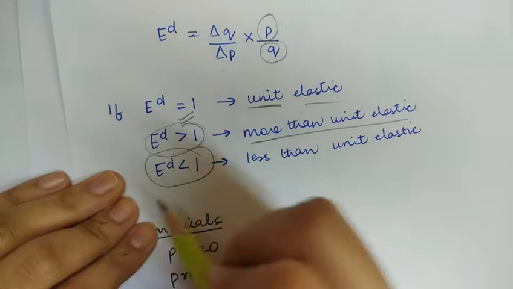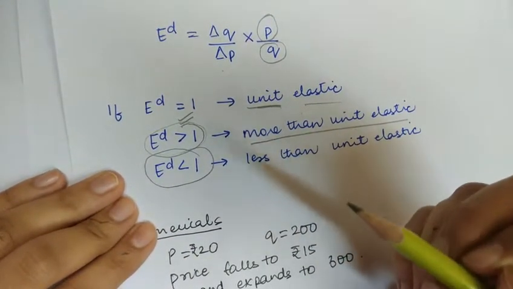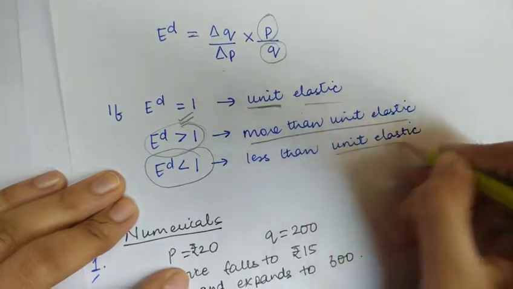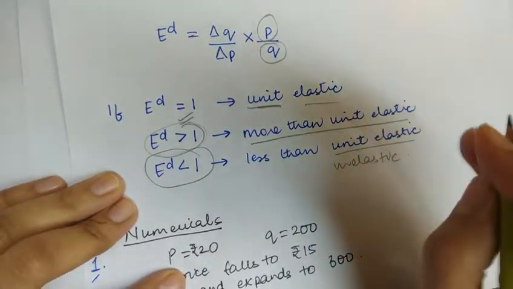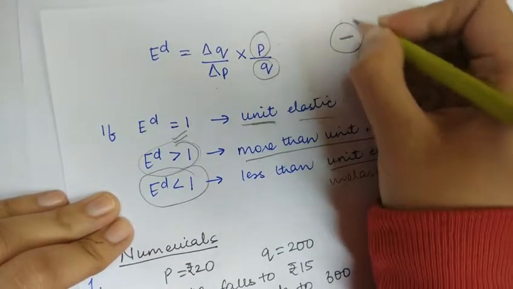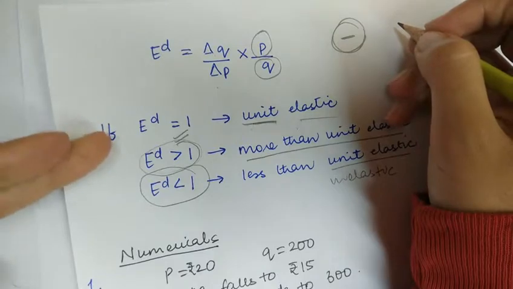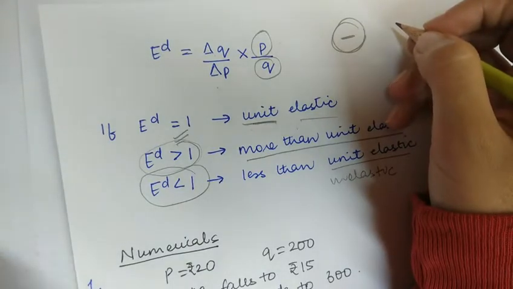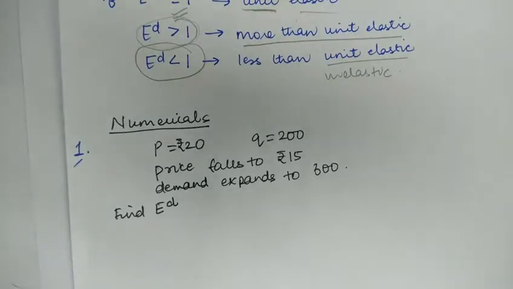If by using this method we get the elasticity of demand less than 1, then we say it is less than unit elastic, or we call it inelastic. Remember that we are ignoring the negative sign throughout because it is obvious that the relationship between price and quantity is negative in nature. Now let us move on to some numericals here.